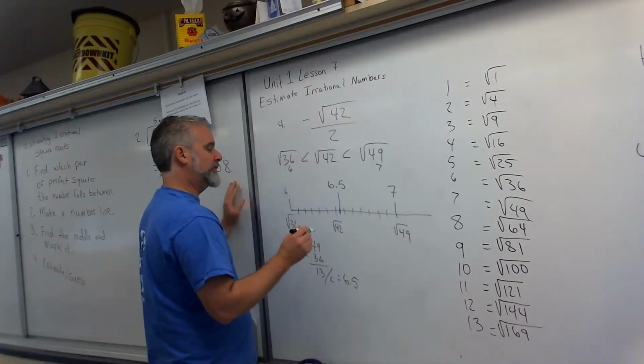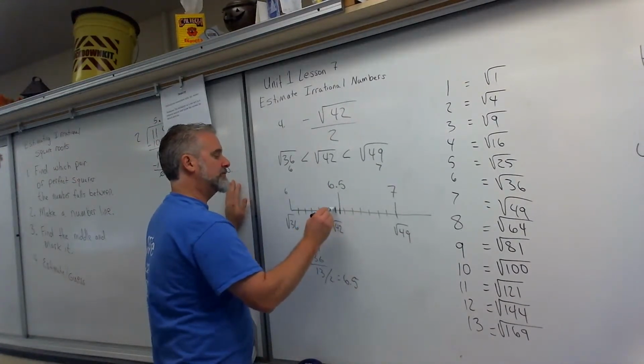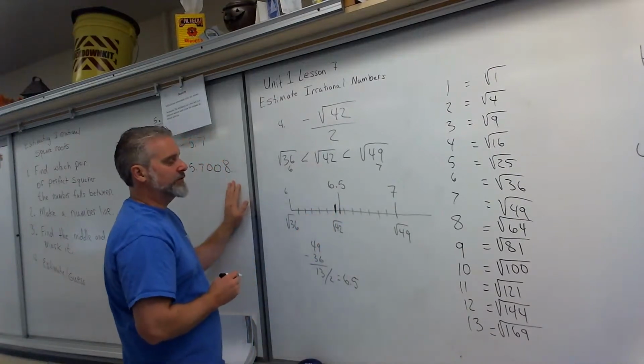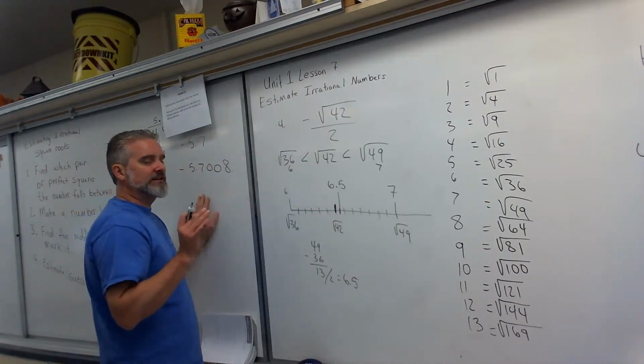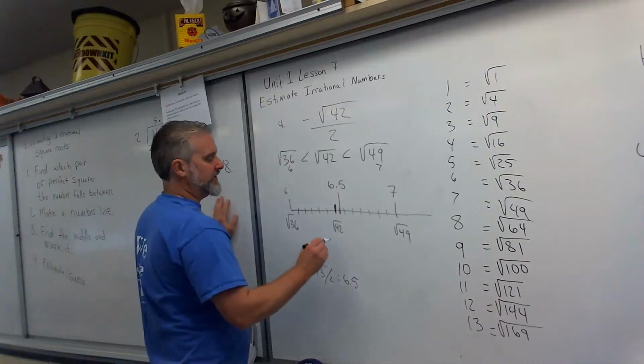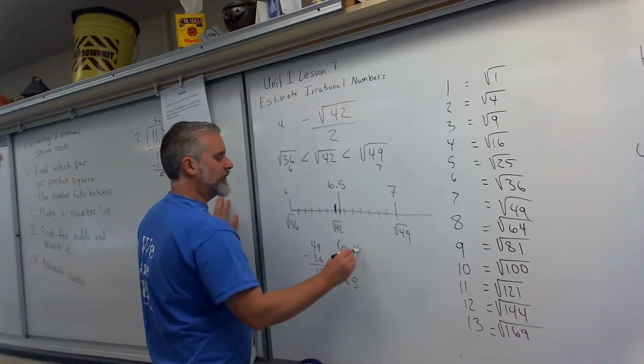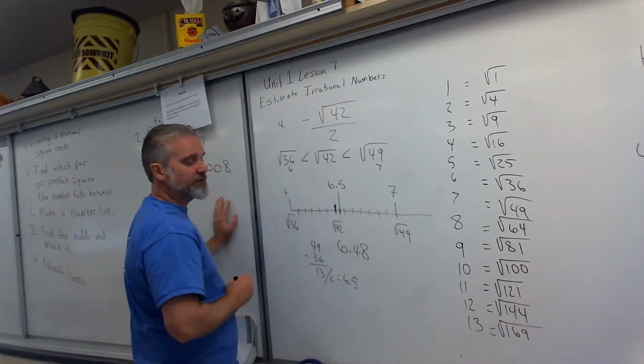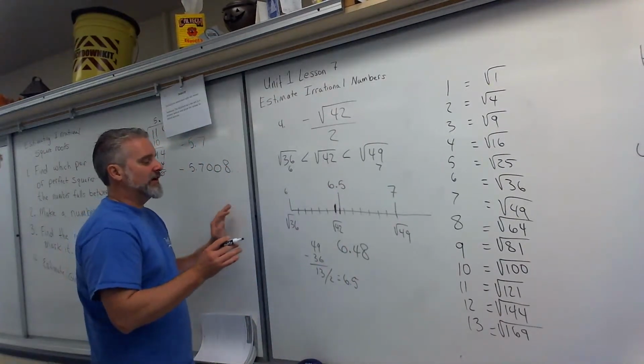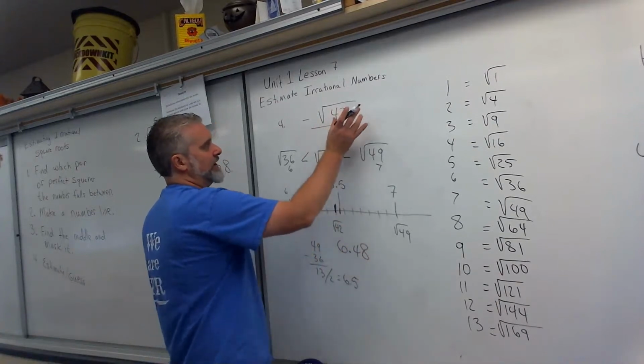So our square root of 42 that we're looking for, really, really close to 6.5, but just a little bit less than it. So I'll take a guess here, 6.48. 6.48, that'll be my guess. So now I'm going to take that and write it up here.